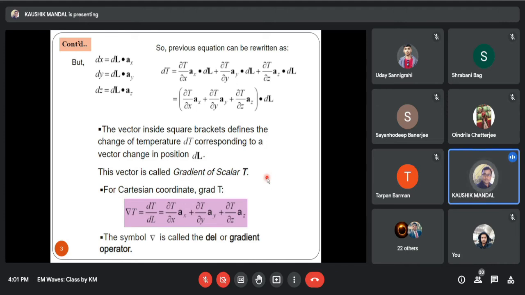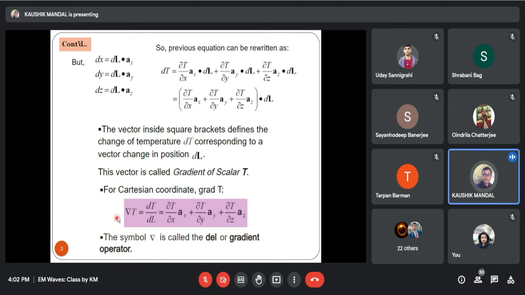Now this is the representation in the Cartesian coordinate system, as I mentioned earlier. This particular part within the bracket is represented by this del T. This operator del is also known as the gradient operator. So this particular operator del is called the del or gradient operator.